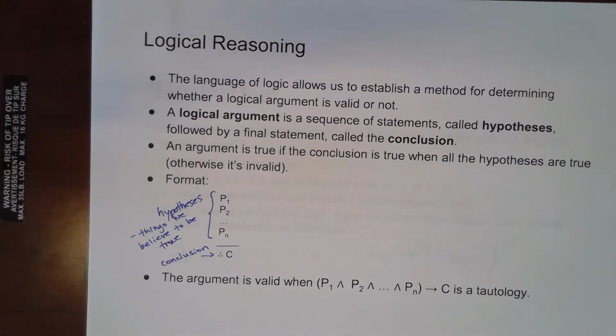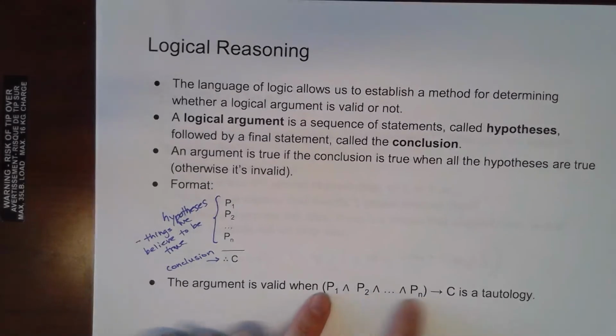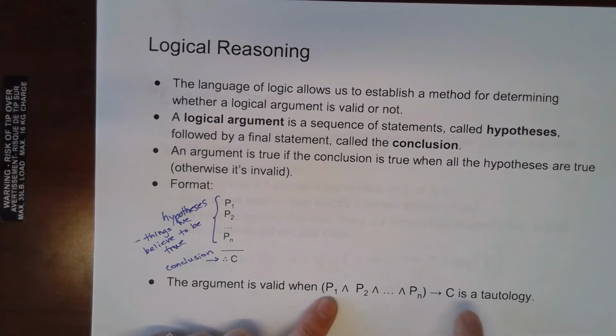And so we say that an argument is valid if I could take all of the hypotheses, put a conjunction, so I would have true and true and true and true and true and true and true. Okay. And the implication of that true implies the conclusion. Now the only way for it to be invalid is if the conclusion was false, so we would have true implies false. That wouldn't be valid. I would have to have true implies true.